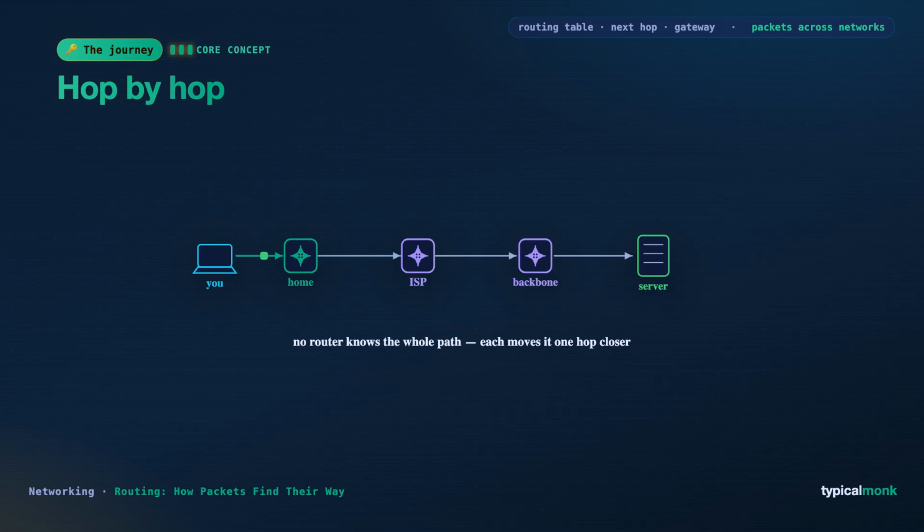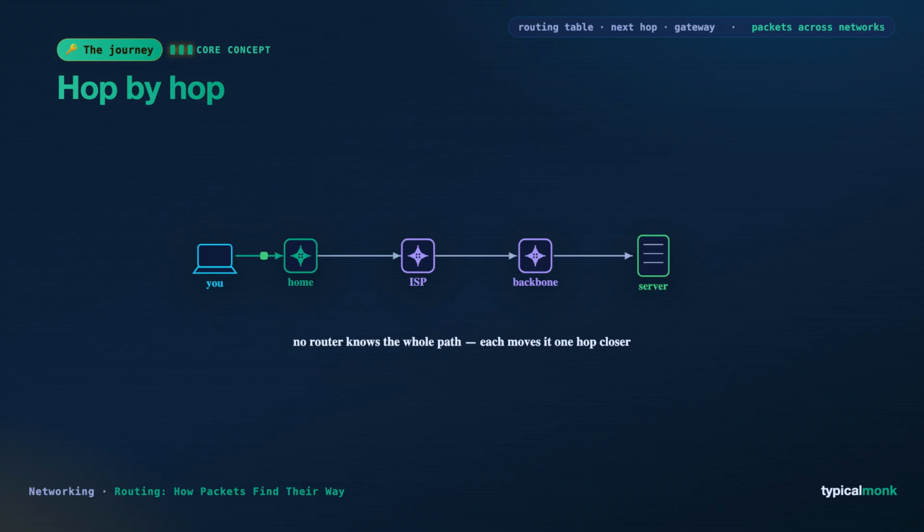Finally, the packet reaches a router that is directly connected to the destination network. This last router recognizes the destination network as one of its own, and it delivers the packet onto that final network to the specific server. The journey is complete, and remarkably, no single router along the way ever knew the entire path.